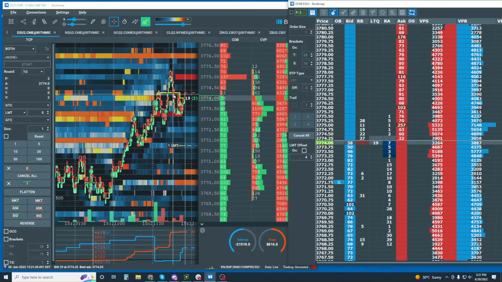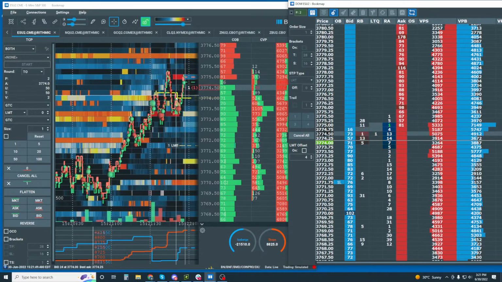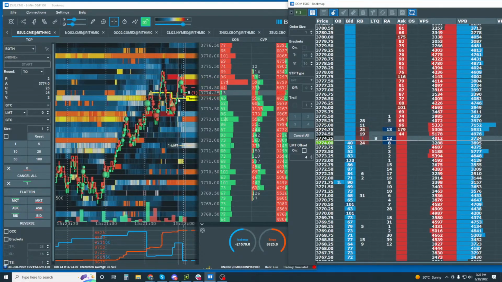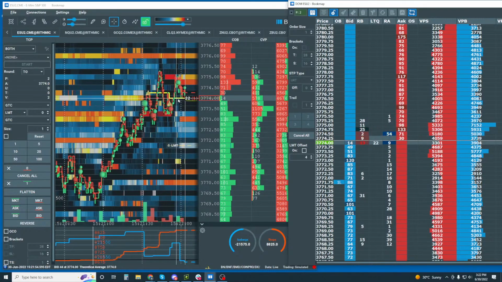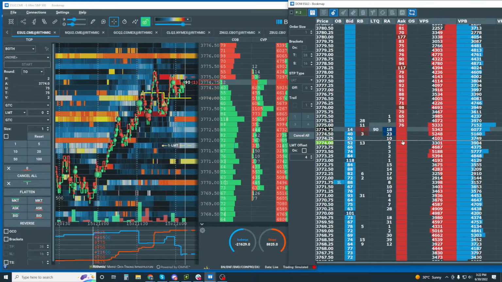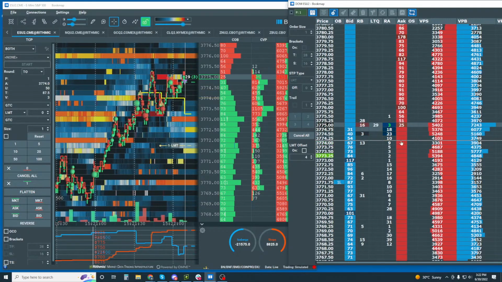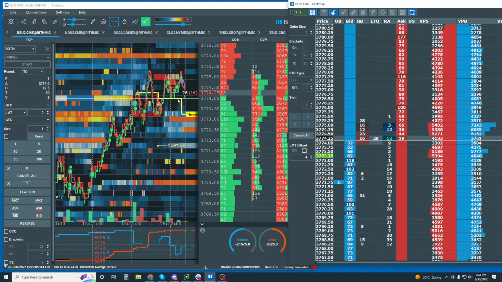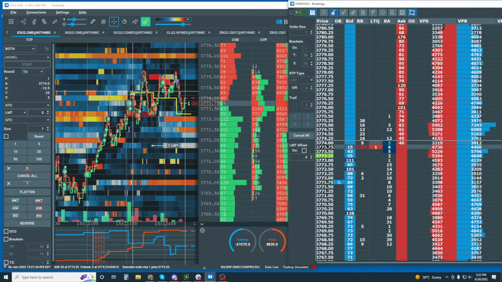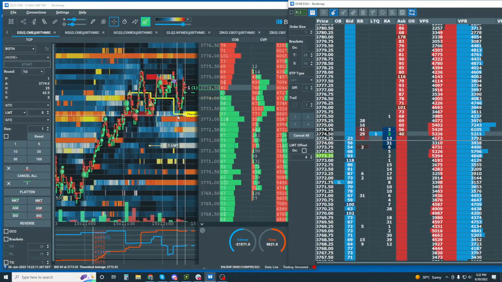So I just added into it, and you can see that now my average is down here, the overall break even. So let's get out of a position here, and we'll see that I just took some profit. So my break even overall on this position since I opened it is now down here.